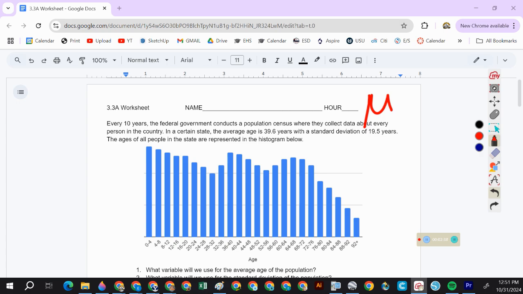That is the Greek letter lowercase mu. And mu is a parameter. What does a parameter mean? Not a sample. It is a number that describes the population. So number one is mu.